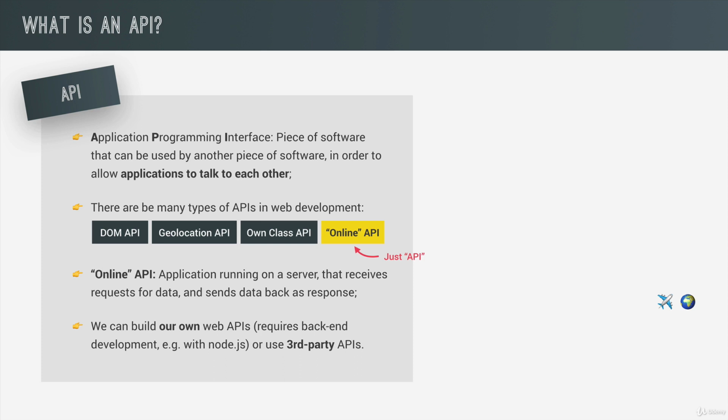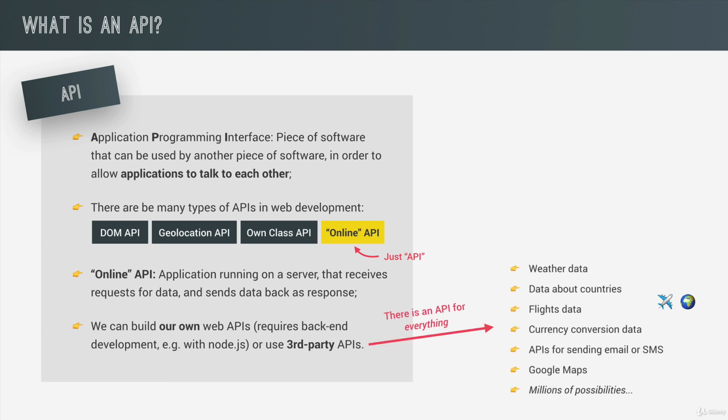And there are really APIs for everything. So in our example travel application, you could use an API to get weather data in your destinations, data about the destination countries themselves, data about flights, about currency conversion, and you could even use APIs to send emails or text messages or embed Google Maps into your applications.